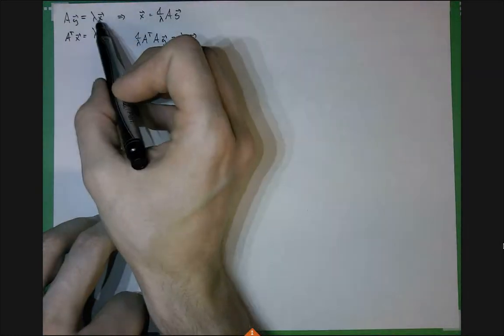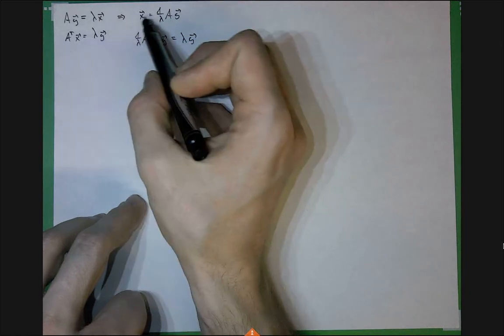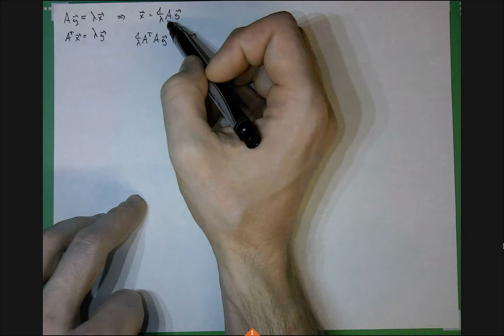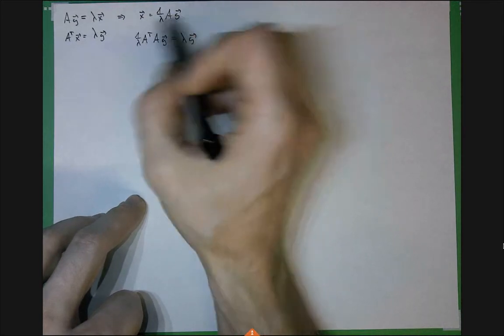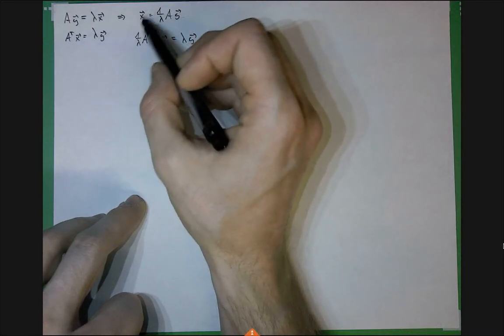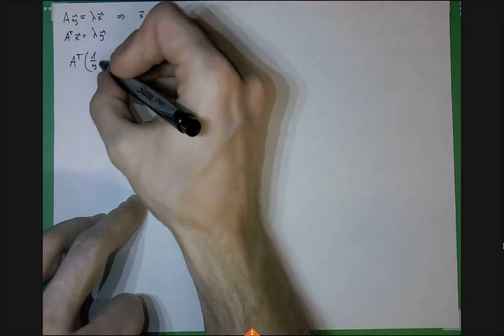So first I express the x from the first equation, and I see that x is 1 divided by lambda Ay. I just divide the whole thing by lambda. That's it, right? So this is what the x is in terms of y. This is the relationship between the x and y, right? So now I have this expression for x, so I can plug it into the second equation, right? So here I get A transpose times, I just take this and copy it over there.